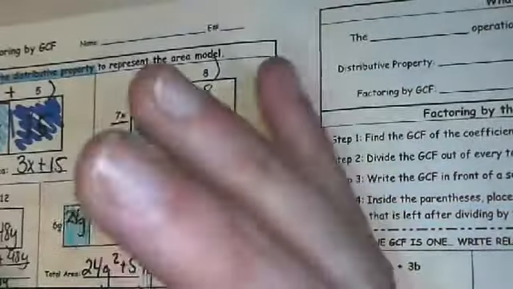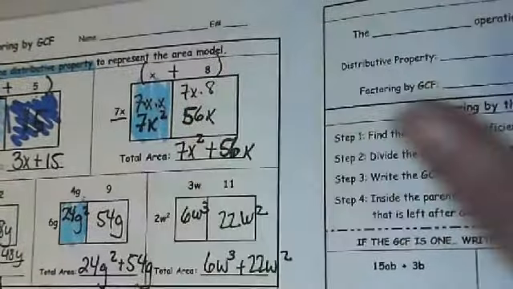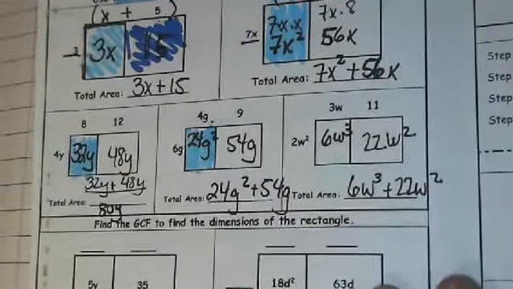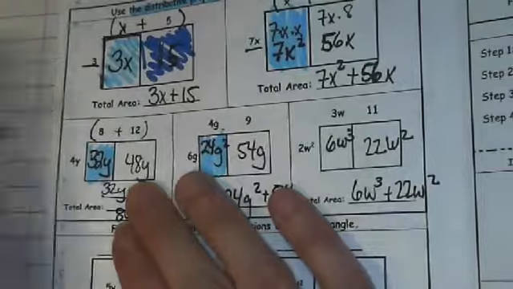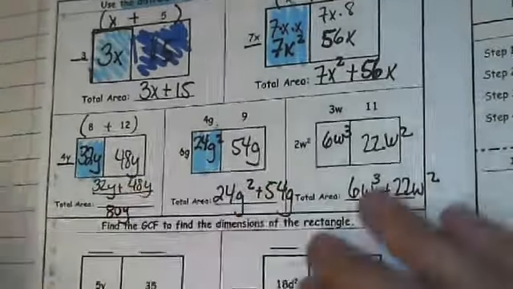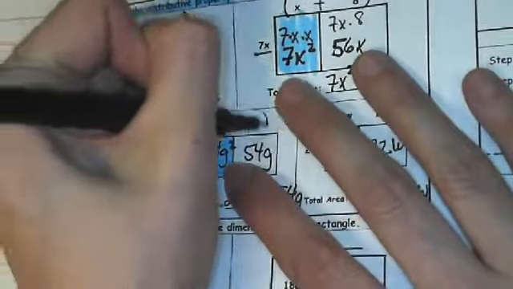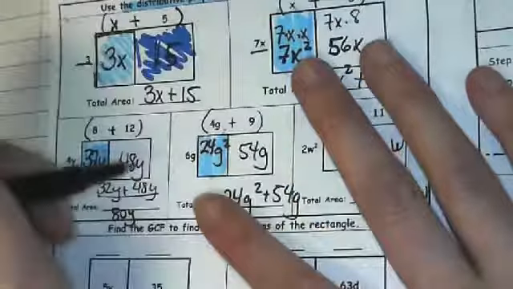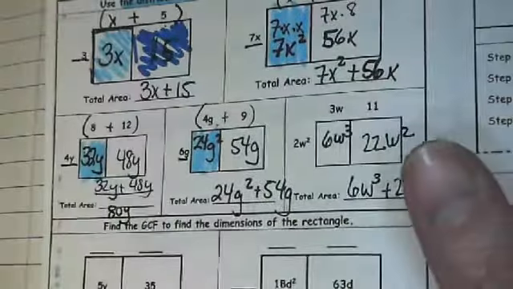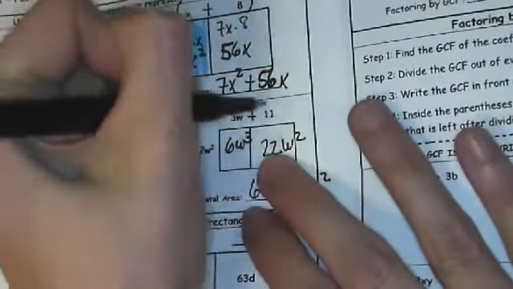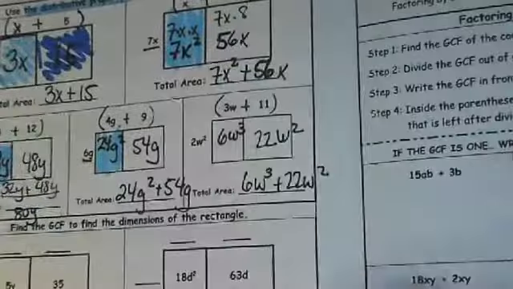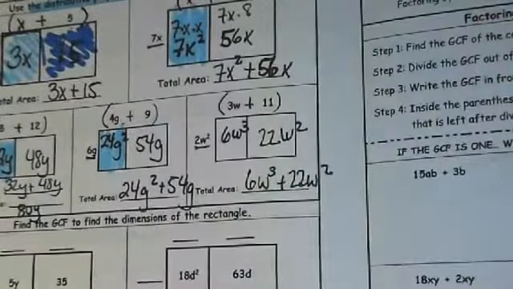For this one, the 8 plus the 12 would be in the parentheses, and the 4y would be outside. The 4g plus the 9 would be inside the parentheses, and the 6g would be outside. And for this one, the 3w and the 11 would be inside, and 2w would be outside. So we're still practicing the distributive property; we're just using area.